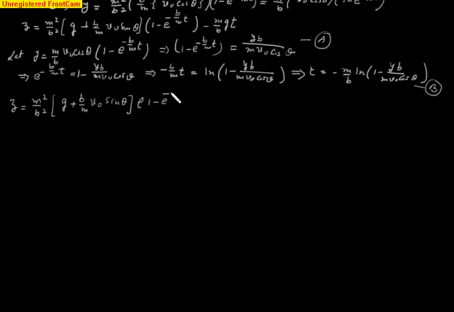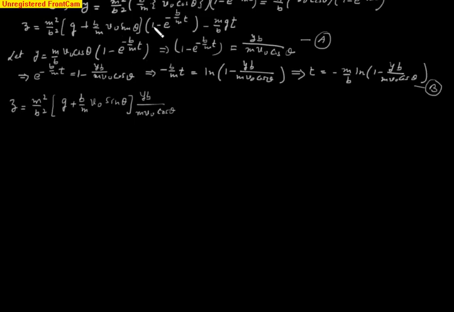In bracket we get minus 1 minus e to the power minus, oops, I have to put this value from here, therefore I will remove it and I will use it as y b over m v naught cos of theta.